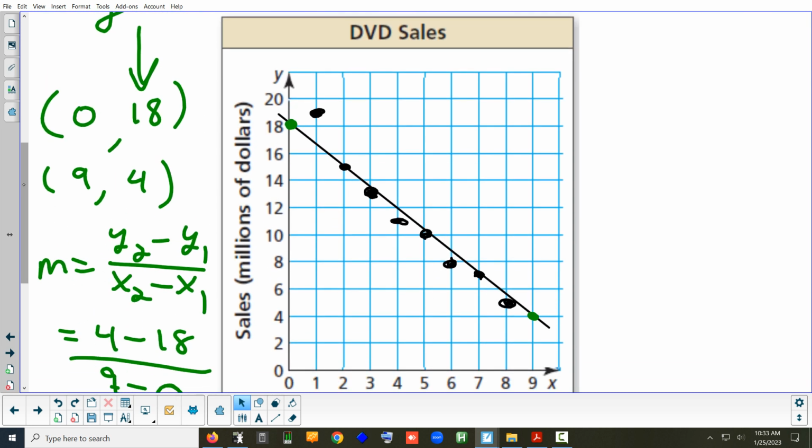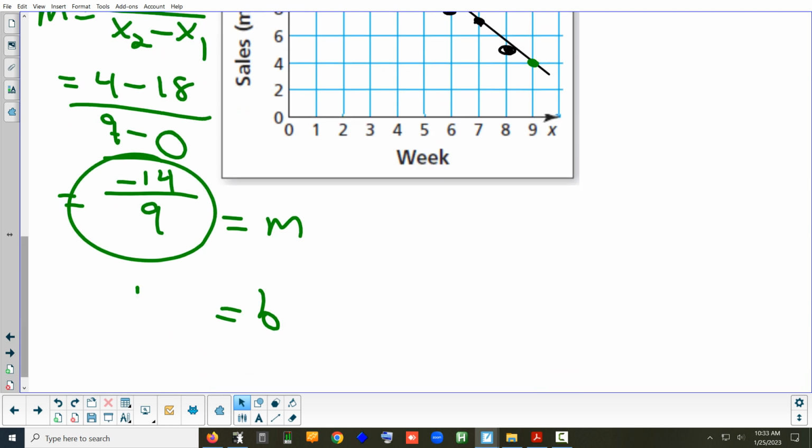What's my y-intercept here? Where does this graph cross the y-axis? Yeah, 18. There's your m. There's your b. Can someone remind me what's the equation that we use when we're writing? We're not going to do point-slope. That's more complicated. That's for parallel and perpendicular. Let's stick with y equals mx plus b.